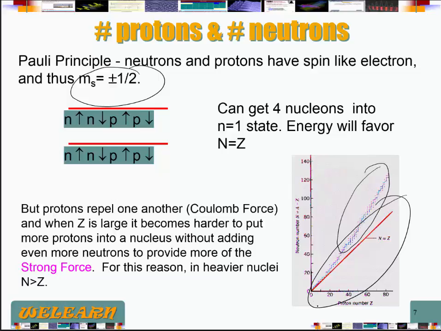So as the nucleus gets larger, you notice here the number of neutrons is larger than the number of protons. This is the N equals Z line, and we have it preserved at the bottom here, but as the nucleus gets larger, the disparity increases.